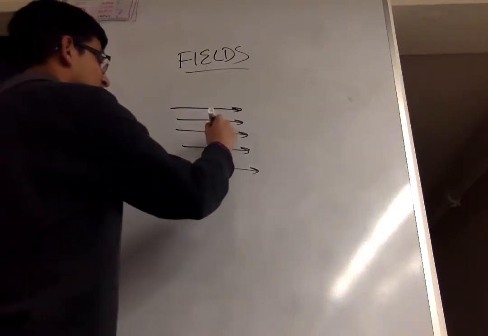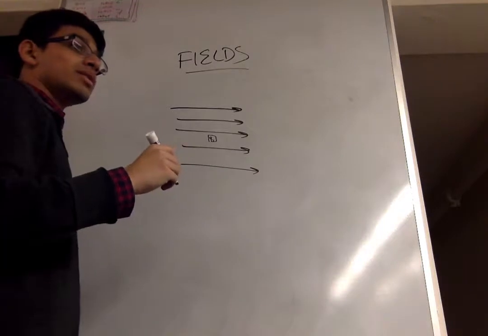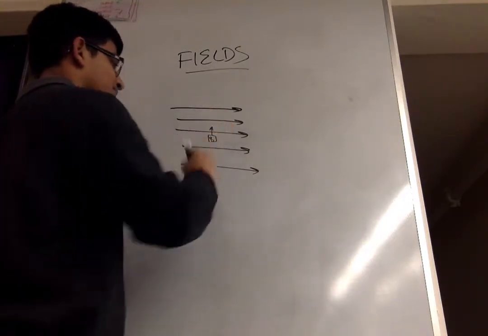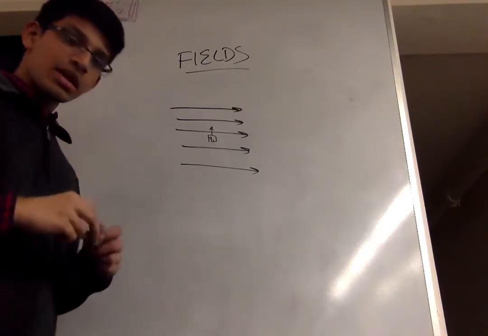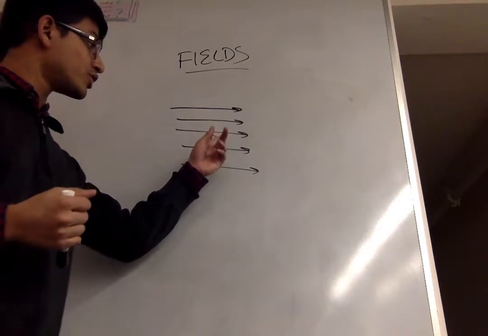So suppose we have this and it's moving, let's say, upward. How would you find the force exerted on this charged particle with charge Q?